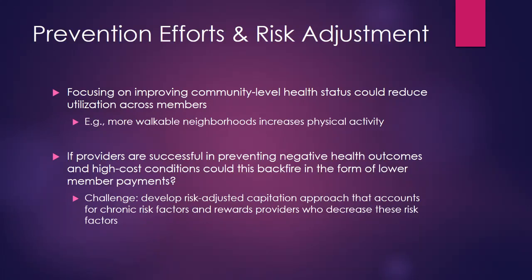So in other words, we just need to continue to make sure that our incentives are appropriately aligning with our overarching goals, so that if providers are successful in reducing community level risk factors, preventing negative health outcomes and exacerbations of disease, that they're not then penalized in the form of lower per member per month payments.